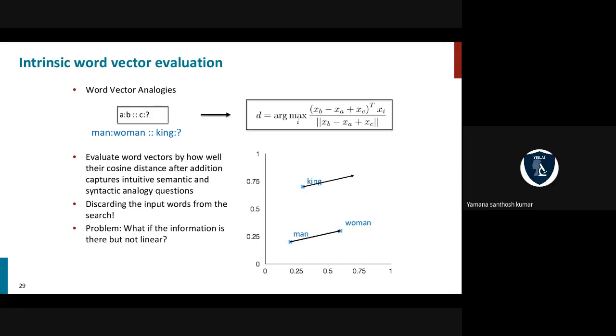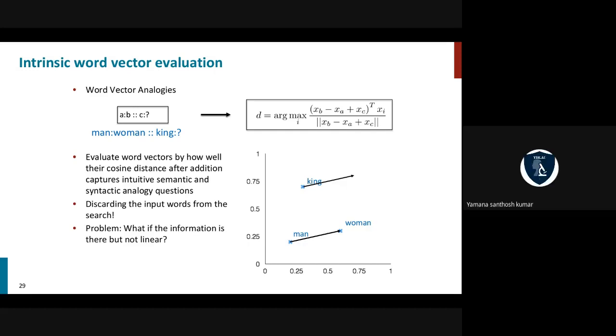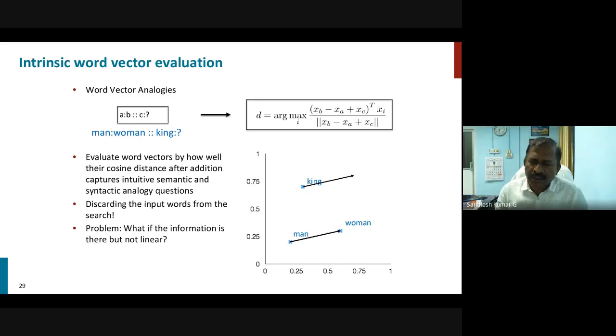Those two words are almost similar, sir. Yeah, but in the vector space, what does it imply? The two vectors are close to each other means what? The angle will be very less. Yeah. Basically, those two vectors will be pointing towards the same direction.